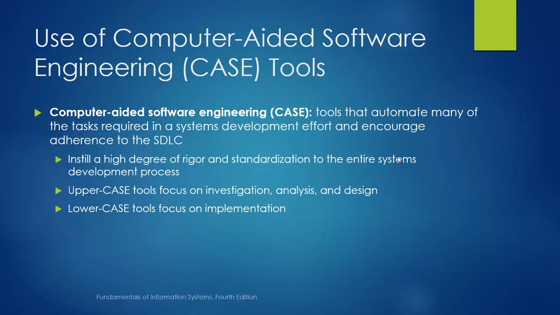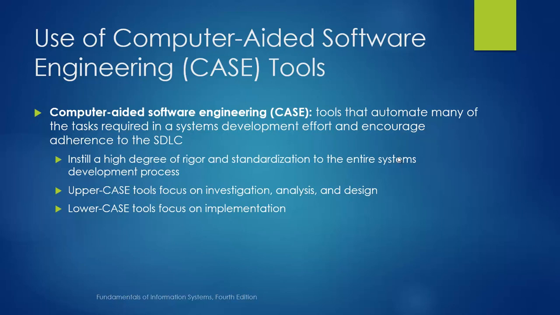The front end tool of CASE is called uppercase, while the back end tools are called lowercase. It's just easier to name it like uppercase, lowercase. Depending on the scope and scale of the project, either one of the tools or a combination of tools may be utilized. Uppercase tools are designed for the early stages of the system development life cycle and are used for project planning, systems analysis, and general systems design.